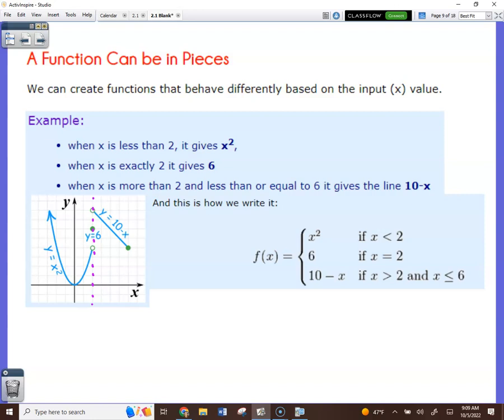I'm going to write several things. These are called your rules. Another way to think of it is your domain restriction. That is a fancy way of saying what you're allowed to plug in for x.